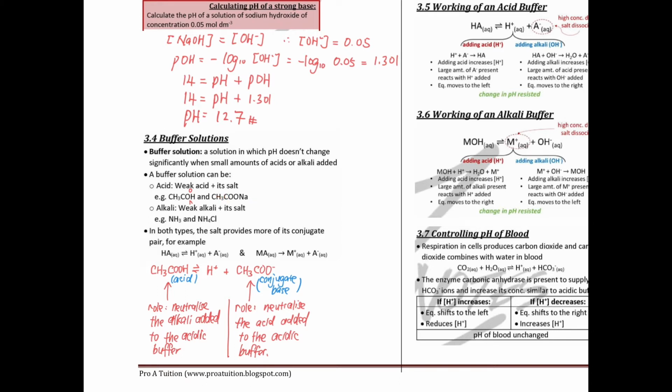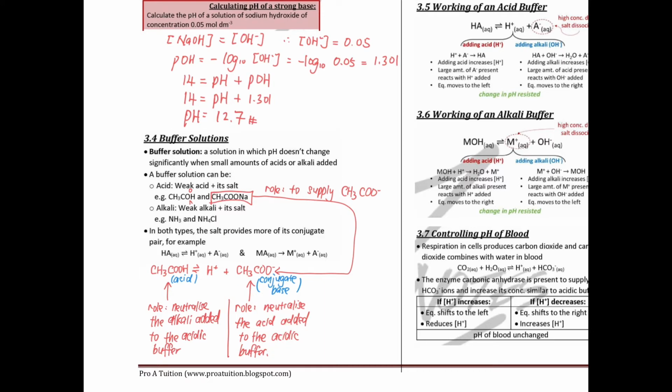The role of this salt is to supply CH3COO minus. That is the role of the salt. It supplies CH3COO minus so that the CH3COO minus can neutralize the acid added to the acidic buffer.